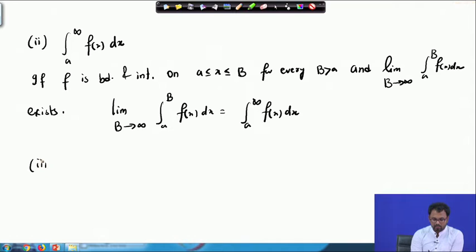And another type of improper integral could be from minus infinity to plus infinity f(x) dx.